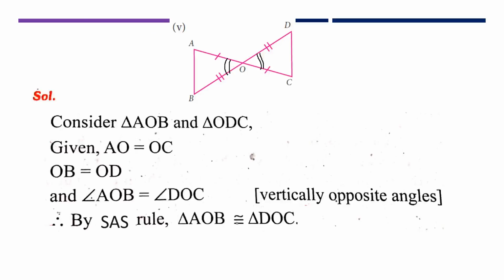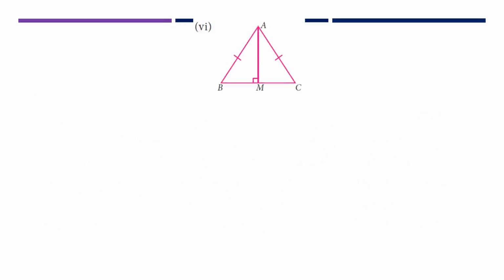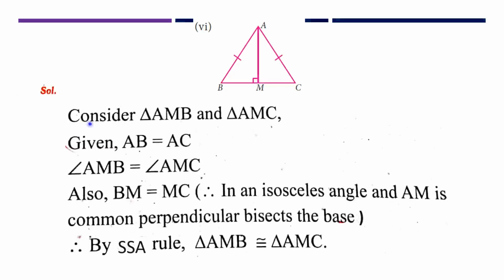See the sixth sum. Here we have two triangles. These two triangles are right angled triangles. See the solution. For that, you have to consider the triangle AMB and triangle AMC.